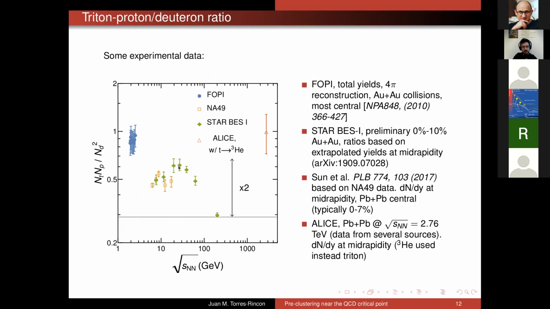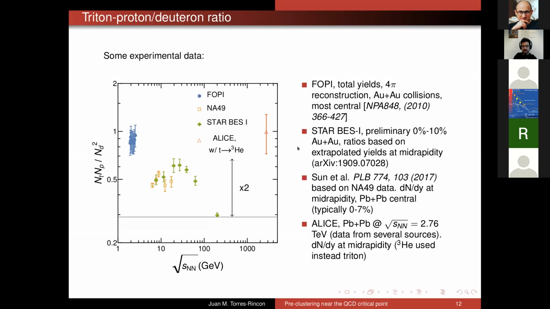In fact, if you compare the top point here at 30 GeV and the smallest point, at the top RHIC energy, 200 GeV, you observe a factor of 2 difference. So the question is: is this precisely the effect we are expecting related to the critical point, and do we have a critical point in this area, or is it something else?